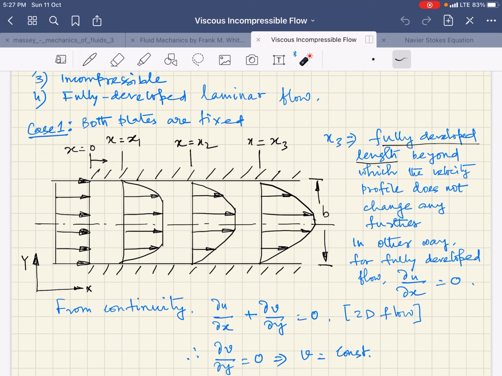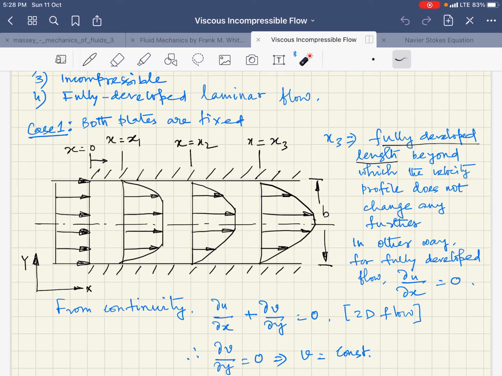That means it is going to change its parameters, and it will take some length or some distance to get stable or to get developed. That particular distance up to which the flow is changing its characteristics in terms of the velocity profile is what we call the developing length or entrance length.